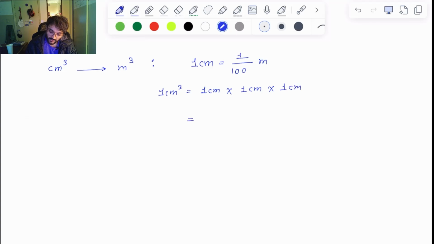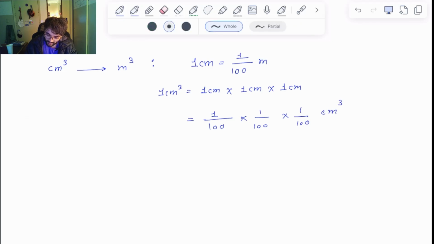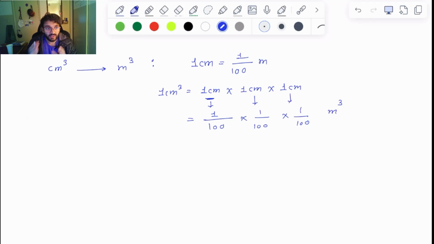So that means this is equal to 1 over 100 times 1 over 100 times 1 over 100, not centimeter cube, meter cube. Because 1 centimeter is 1 over 100 meter, 1 over 100 meter, 1 over 100 meter. So you've got meter times meter times meter. So you've got meter cube.